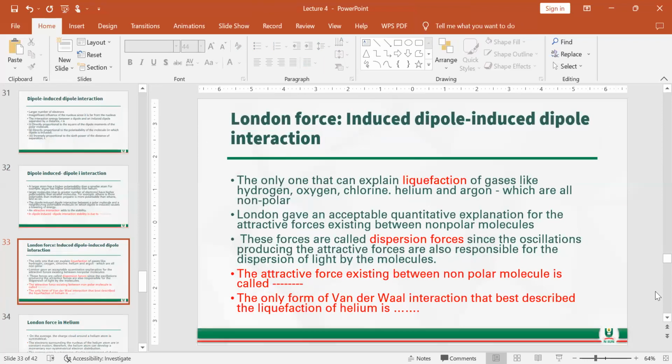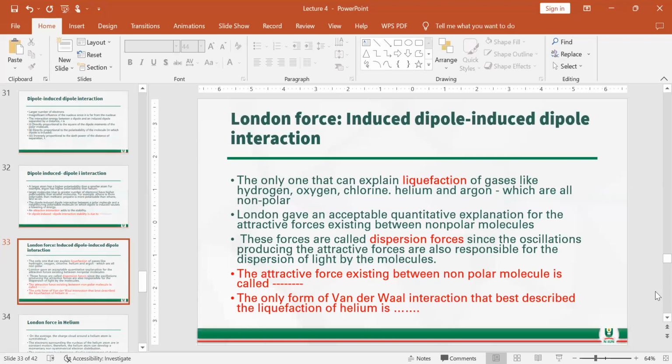London force, that's the final one. London force, induced dipole interaction. It is the only one that can explain liquefaction of gases like hydrogen, oxygen, chlorine, helium, and argon, which are all non-polar. So take note of that. London gave an acceptable quantitative explanation for attractive forces existing between non-polar molecules.